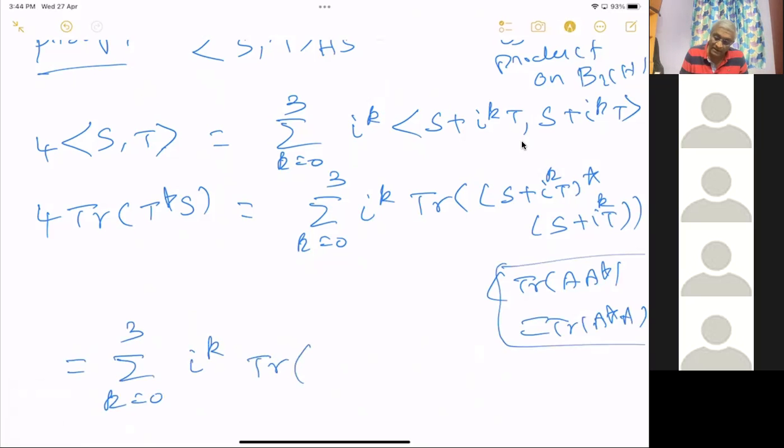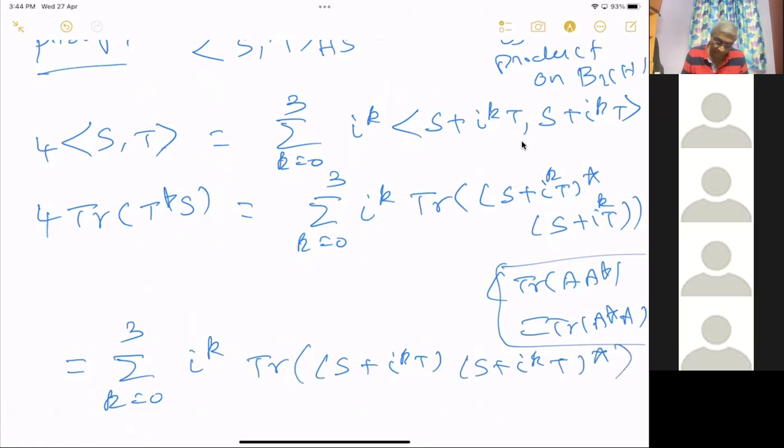I want to take the star of this thing, which is S plus i power k T star. I just want to bring this here. This is my A, that is my A star. So A star will go there, and so this is just equal to S plus i power k T star.